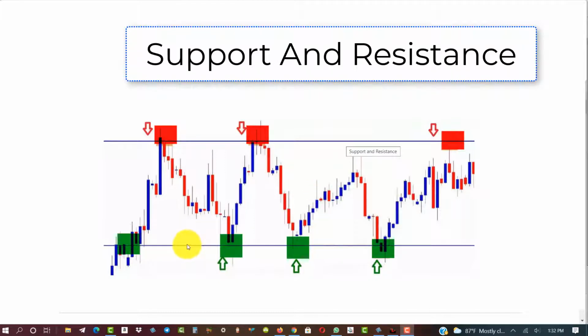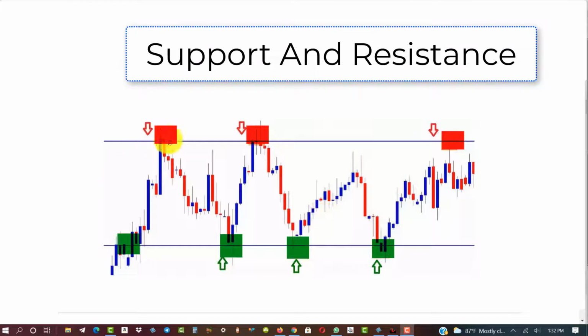Support is the level below price where price has reacted in the past. So as far as support, it is the area or the level below price where price has reacted in the past. As you can see over here, this line with these arrows marks the support level.